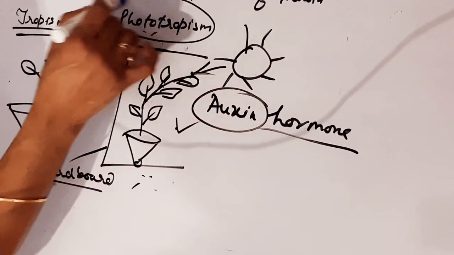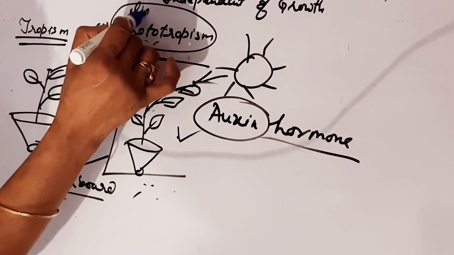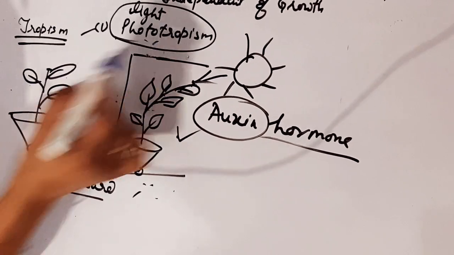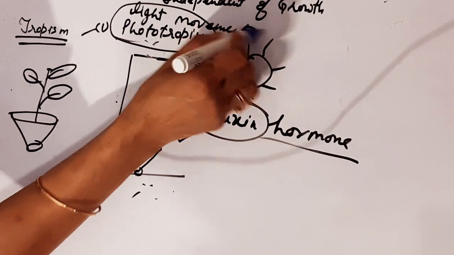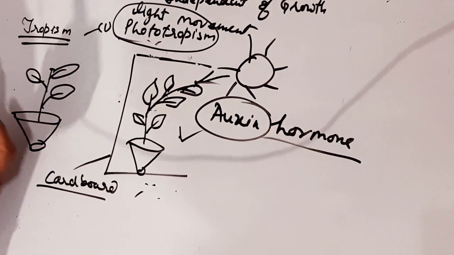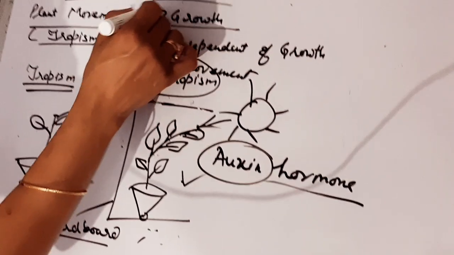That's why this is called phototropism. Photo means light, and we know tropism means movement. So movement due to sunlight or light is called phototropism. And this is the part which comes under growth.